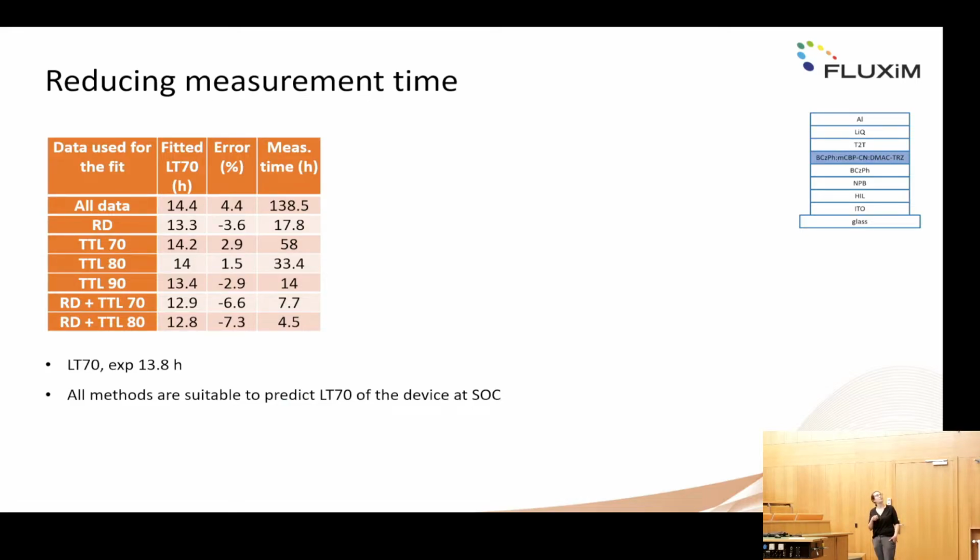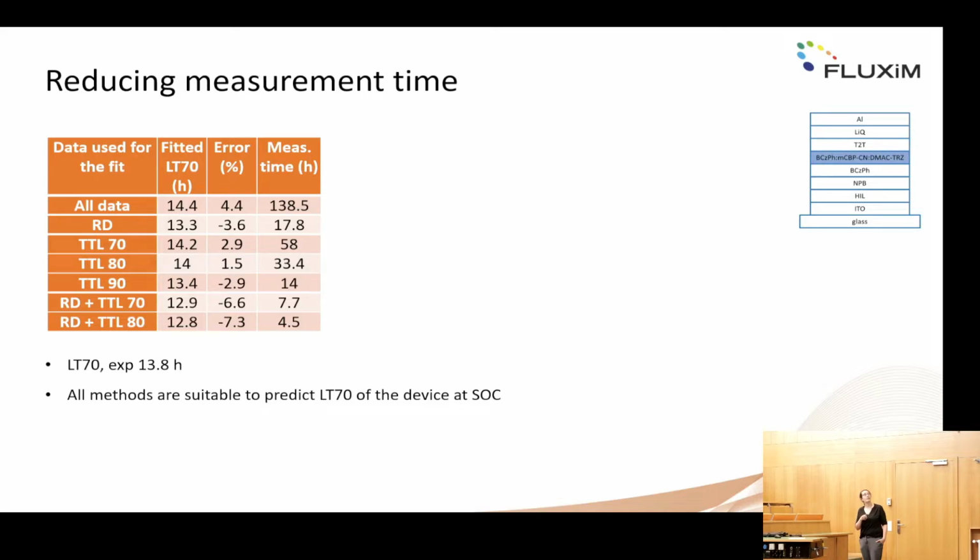So we had an LT70 of about 14 hours, not too great, but you can see that with all these methods, this is including all the data, this is including only the accelerated conditions, this is using only the first few decay percentages, and this is the combination of both. You can always get pretty good agreement with what you actually measured at the SOC device.